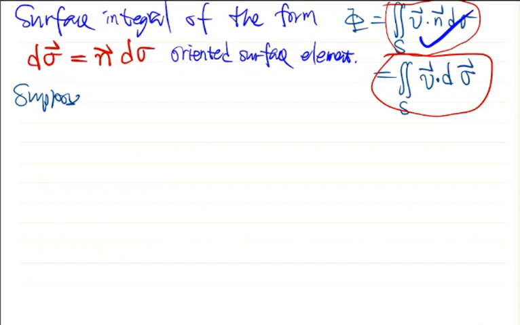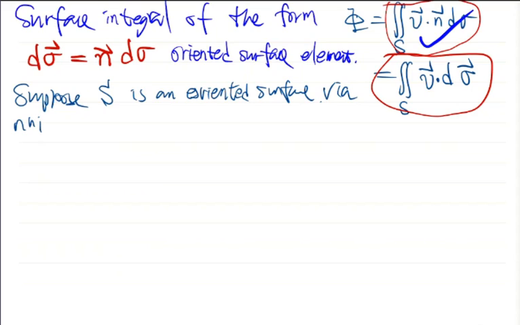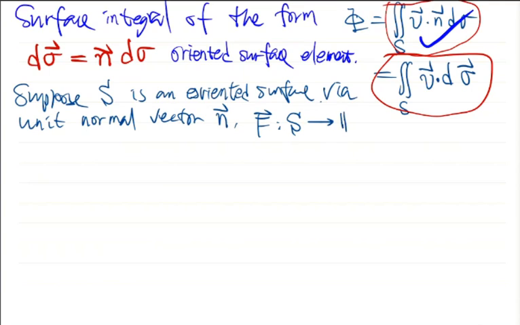Suppose S is an oriented surface. The orientation is given by a unit normal vector field, and capital F is a continuous vector valued function defined over the surface.